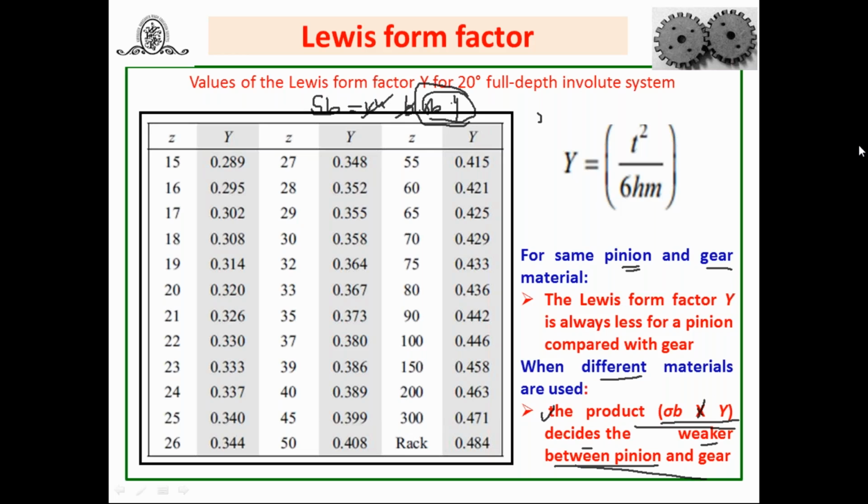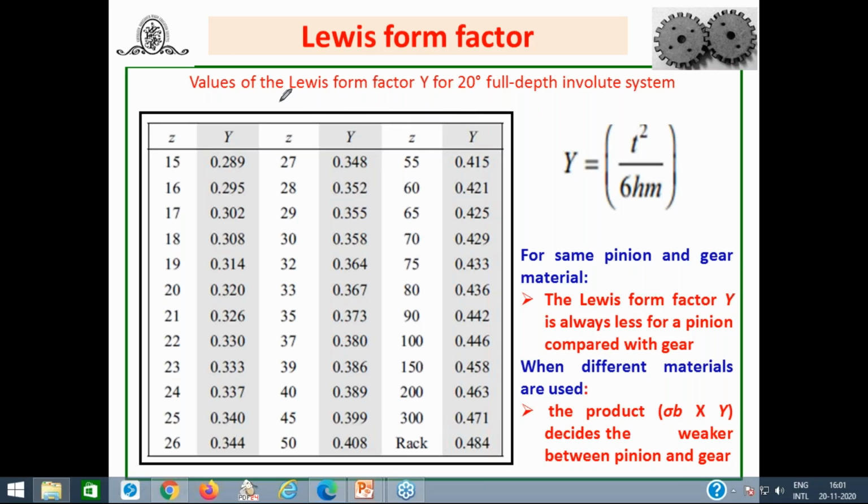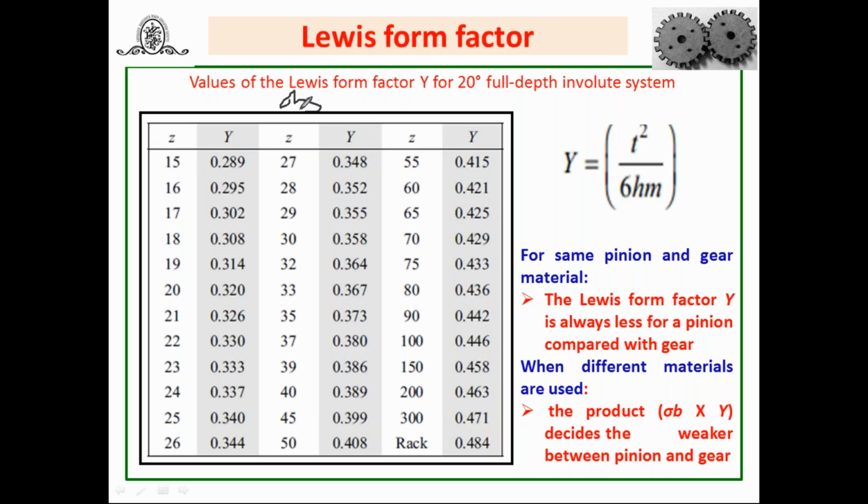weaker. For that purpose, what we have to do? We have to determine sigma B into Y for pinion. Based on the material, you can take sigma B as SUT by 3. Y is the Lewis form factor, which depends on the number of teeth. You can find out this term. And then again, you have to find out sigma B into Y for gear.